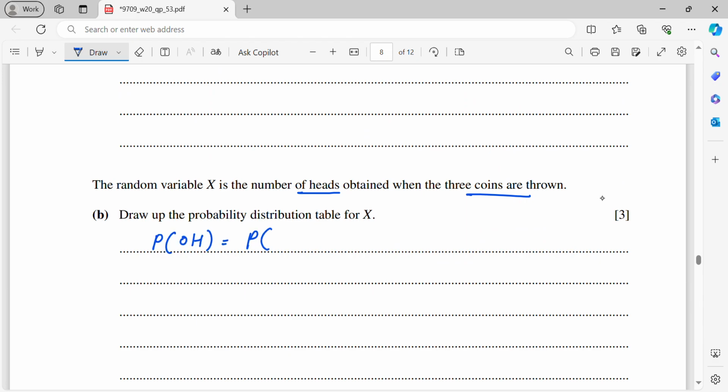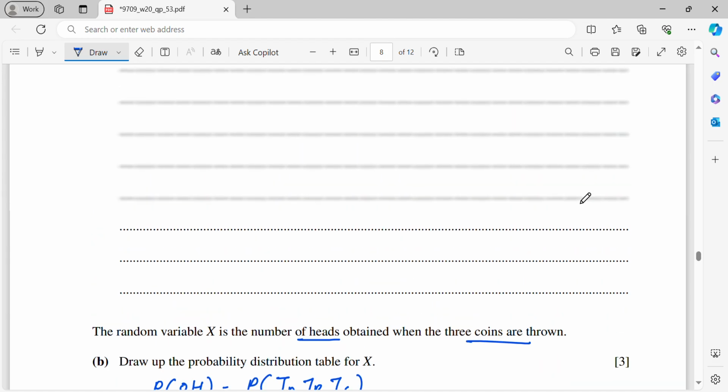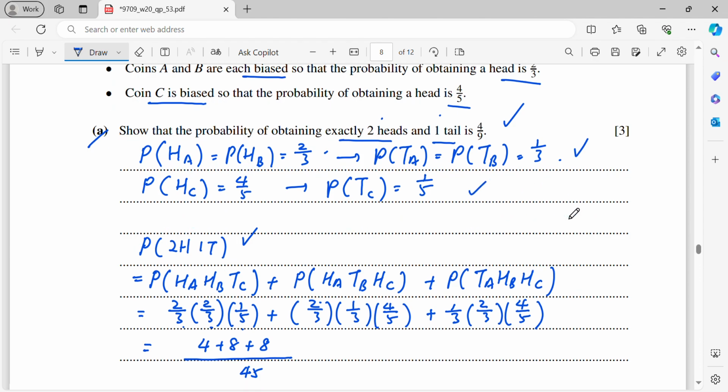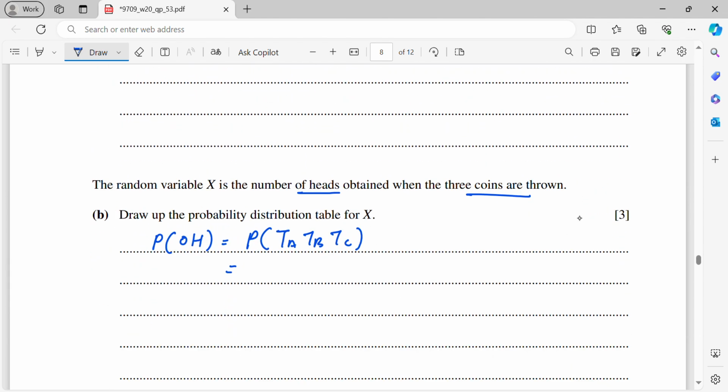P(0H) means that you are getting all tails. So tail A, tail B, tail C. TA and TB are 1 over 3, TC is 1 over 5. So I will just multiply 1 over 3 times 1 over 3 times 1 over 5. This is going to be 1 over 45.